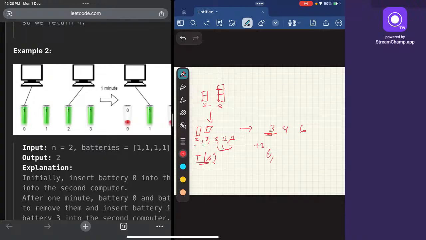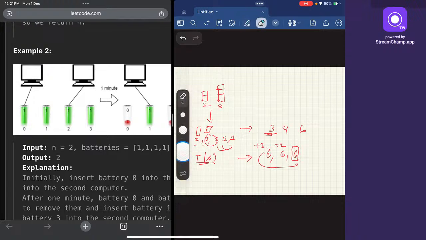For the 4, I need 2 more batteries. I will give this 2, so 6 and 6, and this battery I have not given anything to, so these batteries can run. Why does it give us an answer?